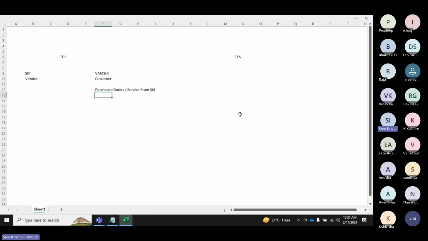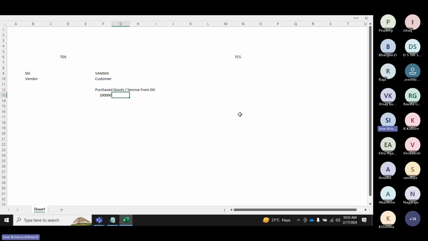So now Vamshi has to pay 1 lakh rupees. But Vamshi is authorized. Vamshi has one company. The company is registered, has a bank account, has a permanent account number, and has tax registrations like GST or any other kind of tax procedures.